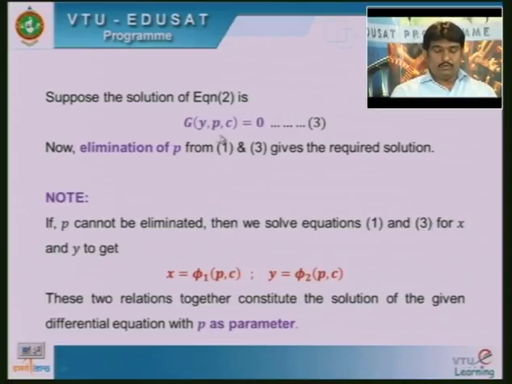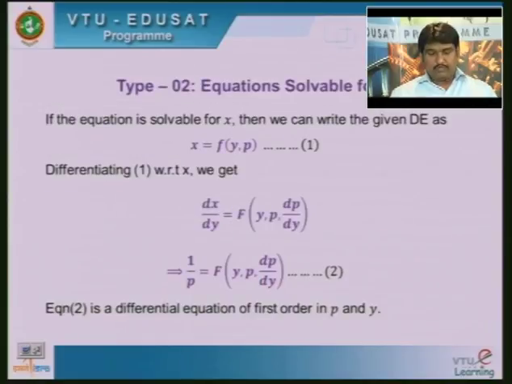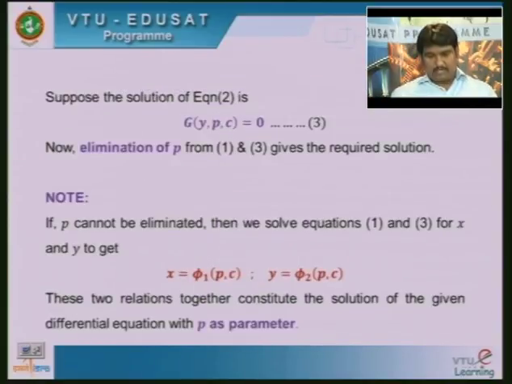Now you have to eliminate p from equation 1. Equation 1 is x equals to f of y, p, and equation 3 is the solution of equation 2, g of y, p, comma c equals to 0. If you eliminate p, you will be left with only x and y and an arbitrary constant c, which is the general solution of the given differential equation.